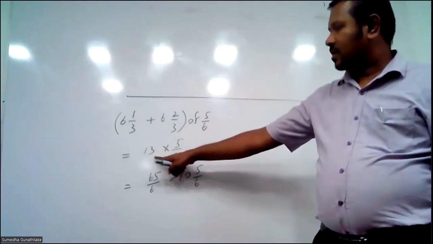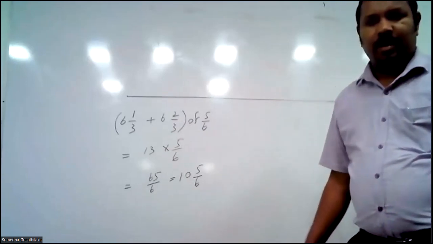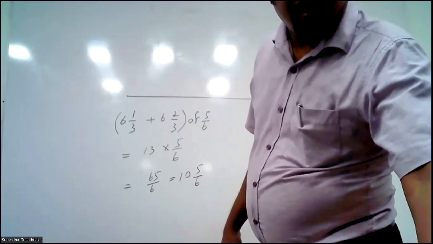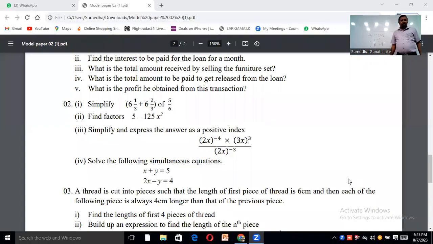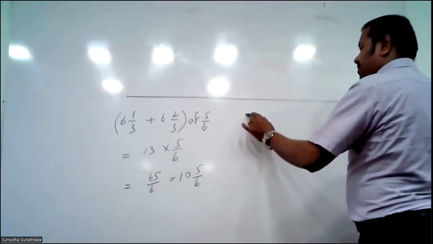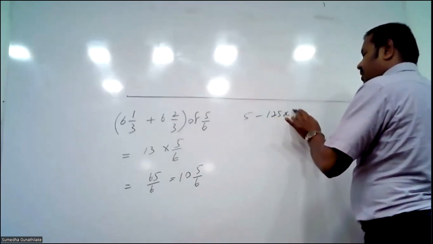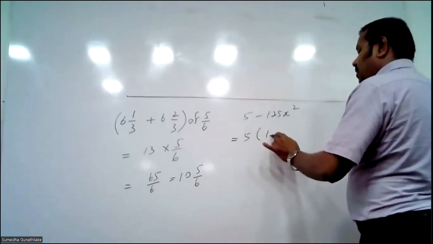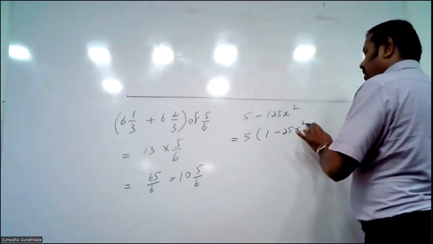First you remove the brackets. Thereafter of operation. Find factors 5 minus 125x square. You can take common factor 5 out. 1 minus 25x square.